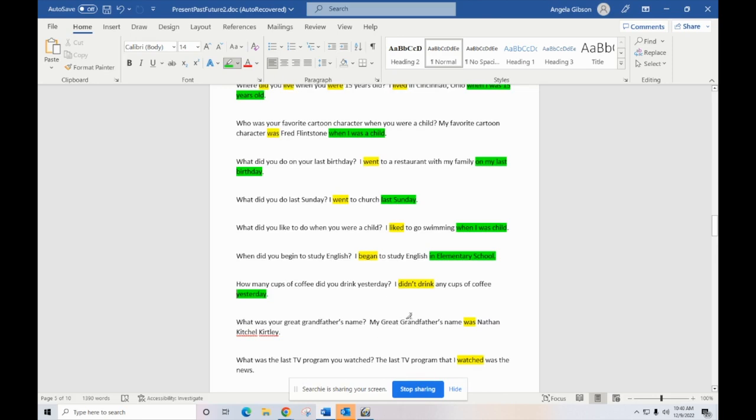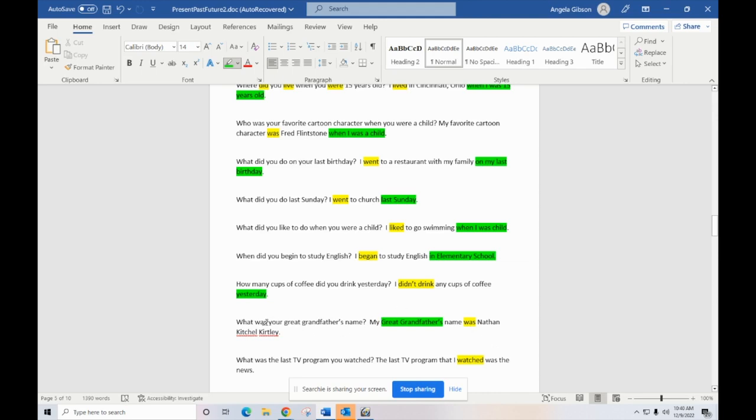Okay, my great grandfather. Okay, you can look at me and have an idea of my age. So my great grandfather is not living now. It's not possible. He would be so old. So because we're talking about my great grandfather, that's in the past.